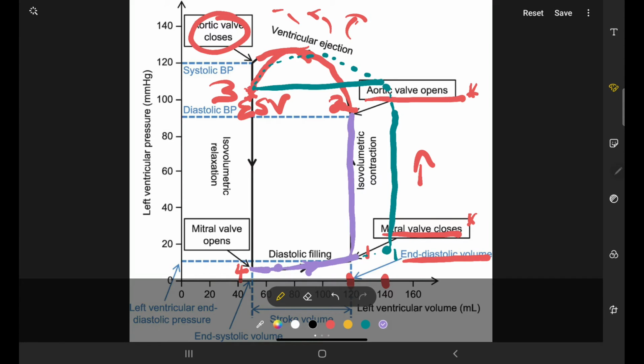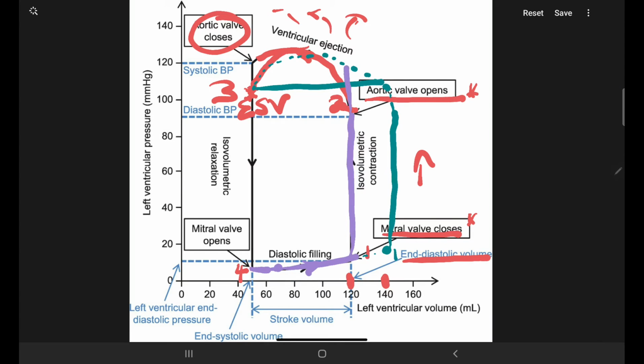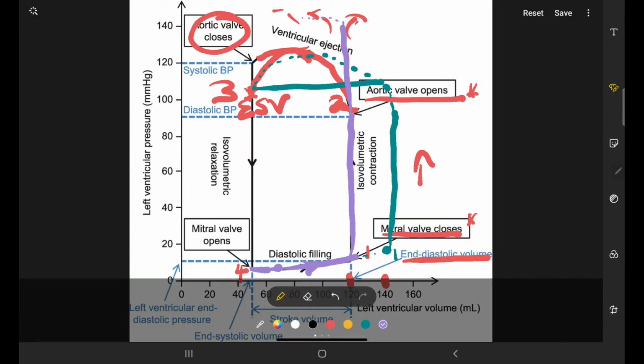But because we're beating against a higher resting pressure for the aorta, this pressure will actually go a little bit higher, all right? And then of course we said we will have a reduction, so it won't go all the way to 50, but it will be, let's say, at 70.